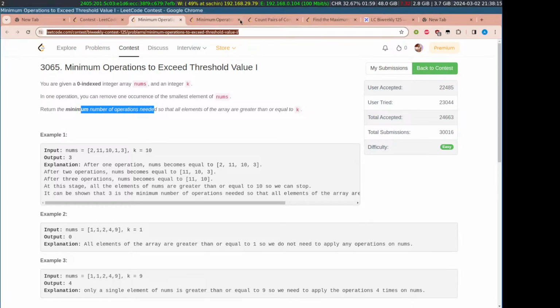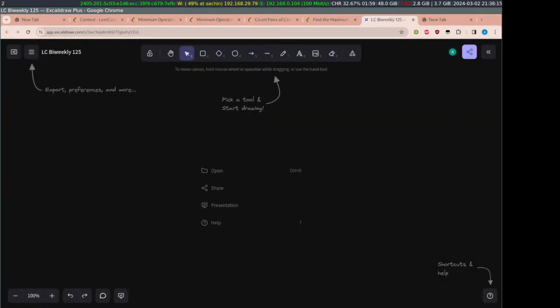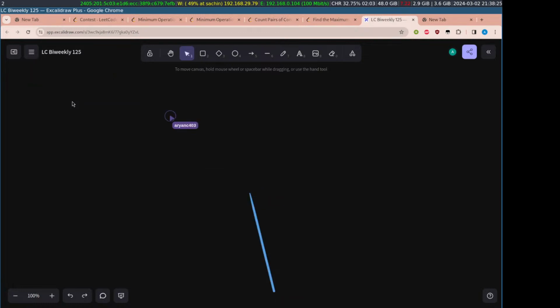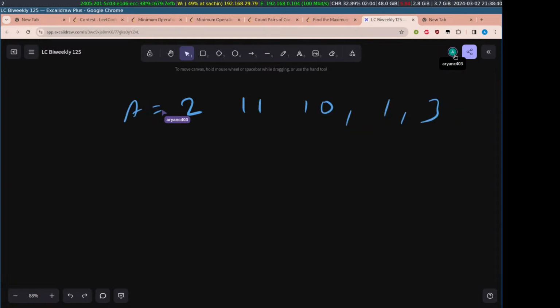So let's look at the samples and see what the problem statement is asking. In the first sample, the given array is 2, 11, 10, 1 and 3, and k equal to 10 is given to us.